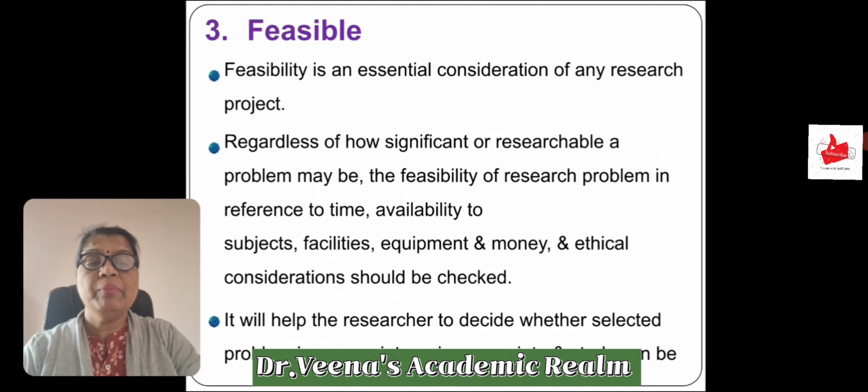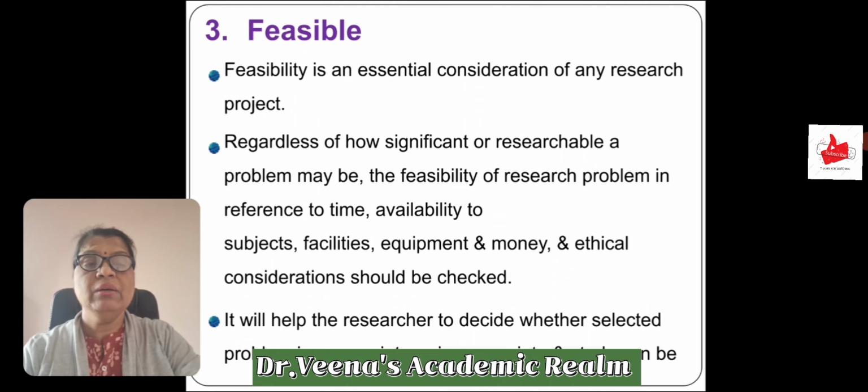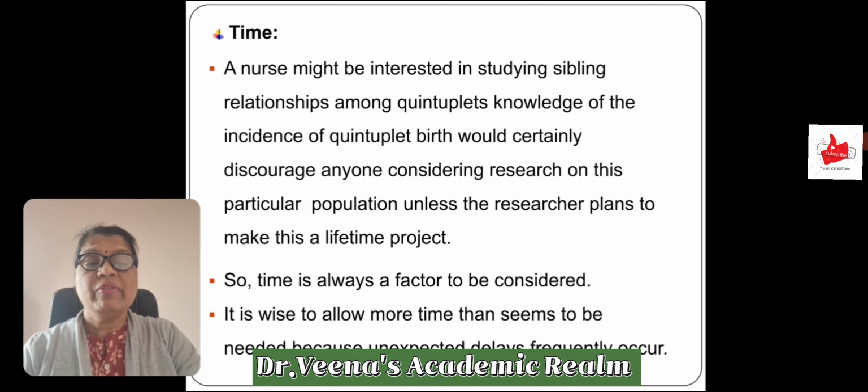So the third point under good problem statement selection is feasibility. We need to check the feasibility. Suppose, for example, under feasibility, time is the most important aspect when you go through the research process and complete a research project. When there is time, only then can we take up the study.